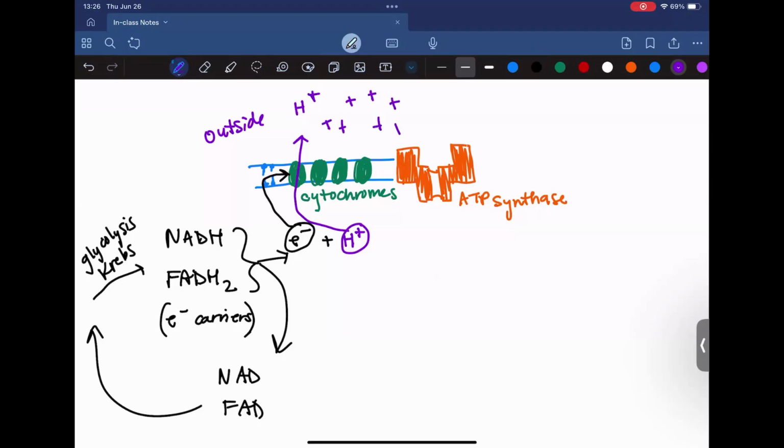And I mean, they'll create this massive gradient of plus on the outside. They're really H pluses, so I'm going to draw that here. And this is called the proton motive force. And this process by which the electrons are causing this to happen, this is called chemiosmosis.